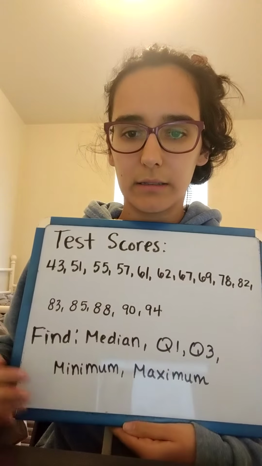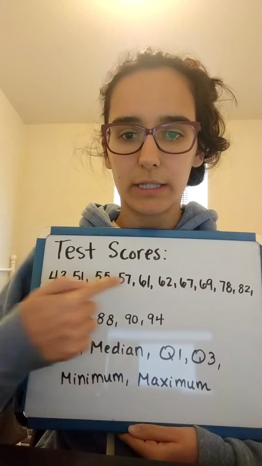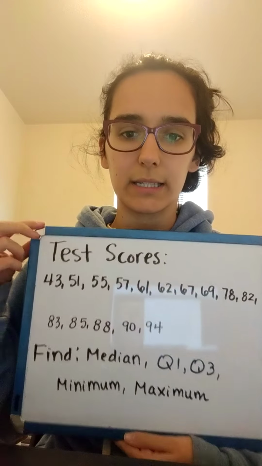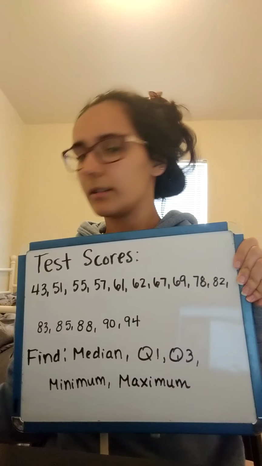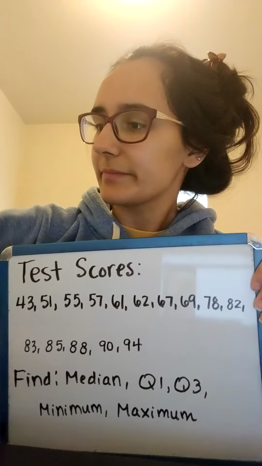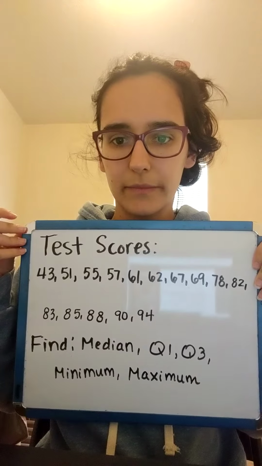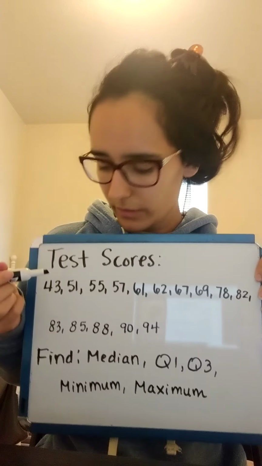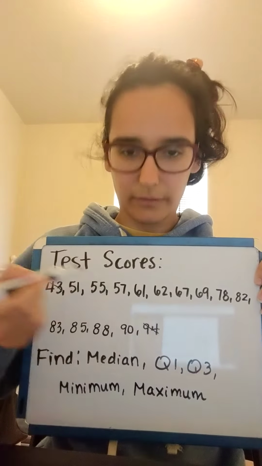The median is the middle. Once we list our numbers from the smallest all the way up to the largest, then we can find the median. This might be a little difficult, but I'll try my best. We're going to cross out the numbers until we find the middle, but don't cross them out too heavy because we're still going to need to find the quartiles. 43 is the smallest, 94 is the biggest.